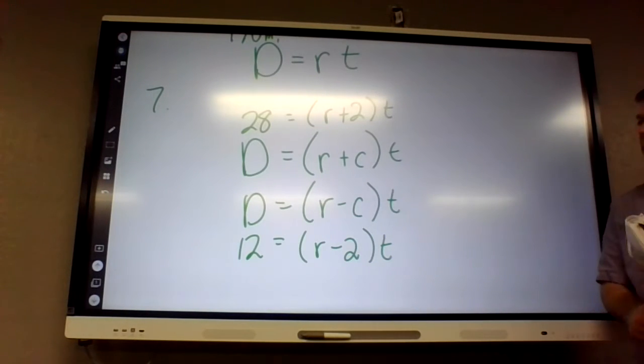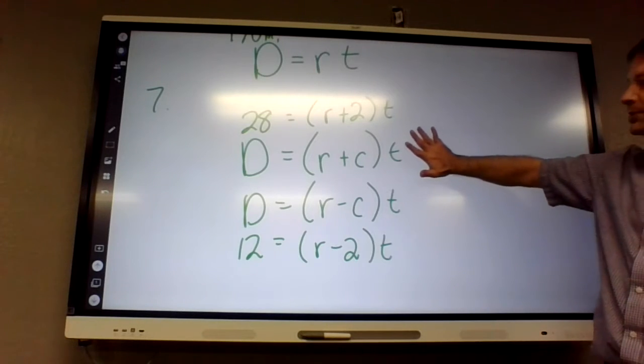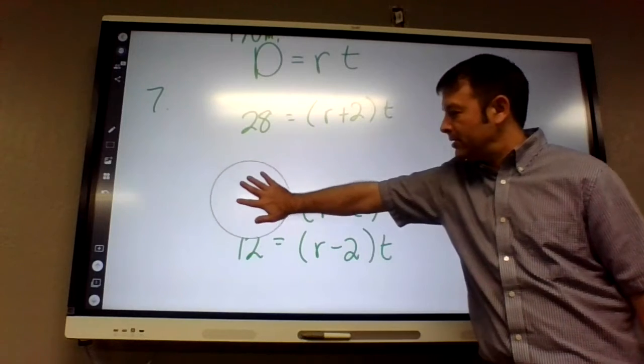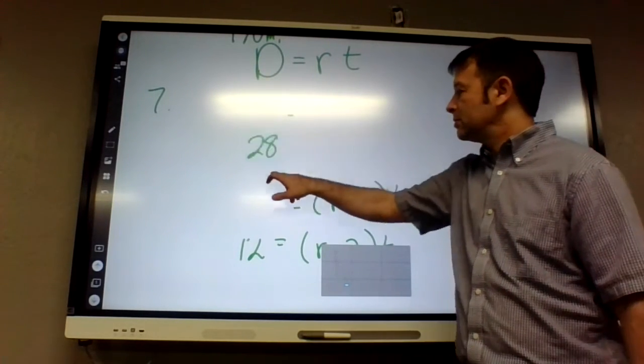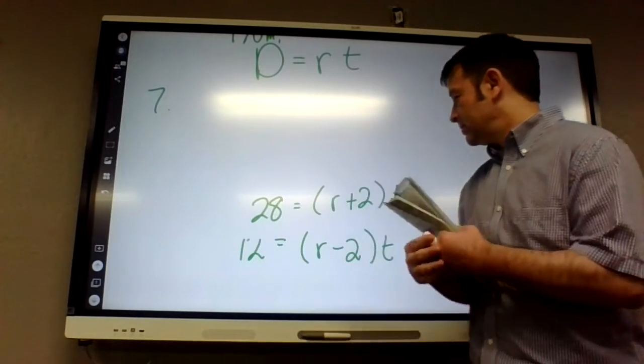Now that I plugged all the information in, I'm going to erase these equations. Is that okay? Yeah. Get those out of there. So do you not change T since it's the same?